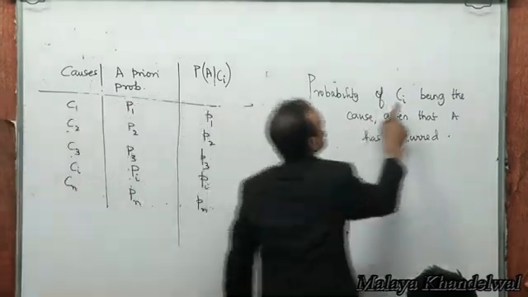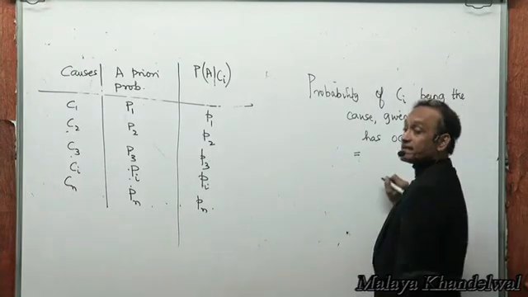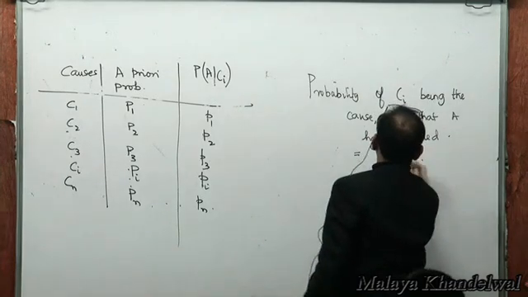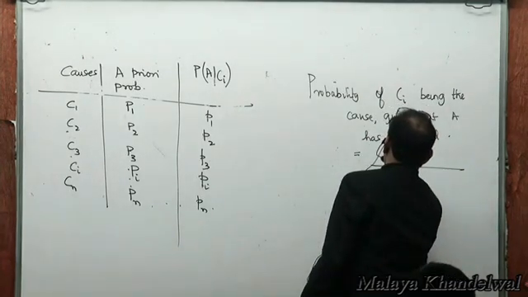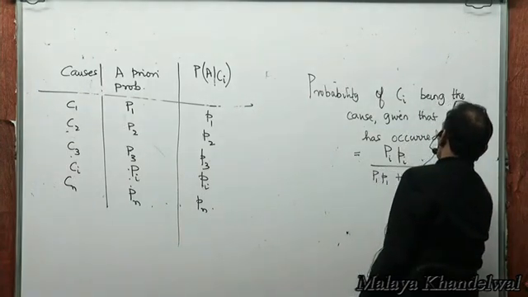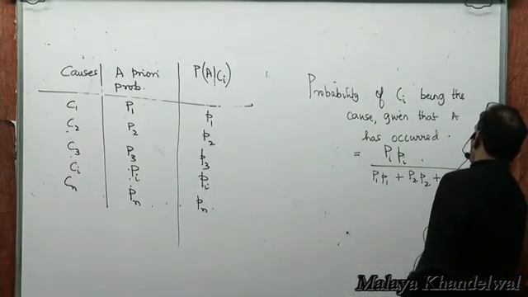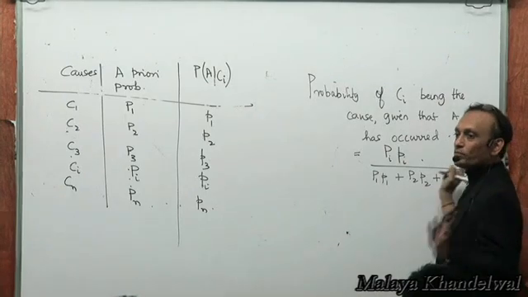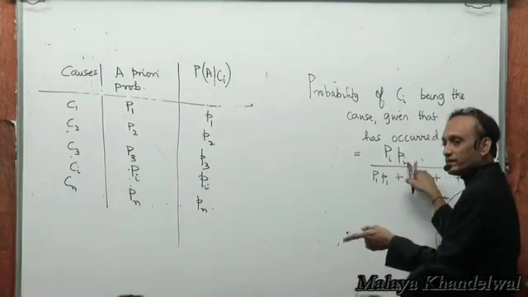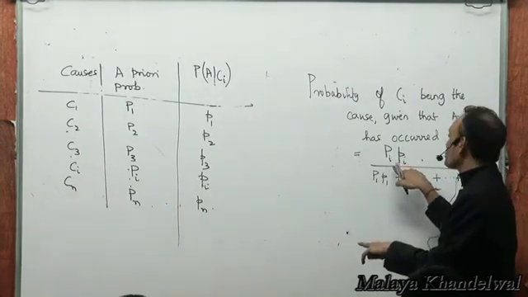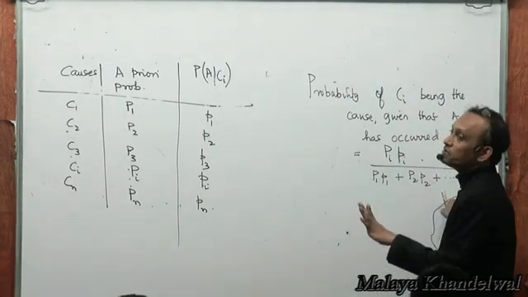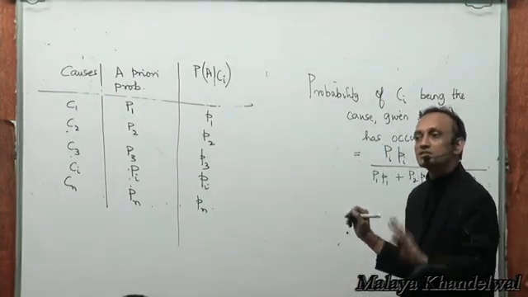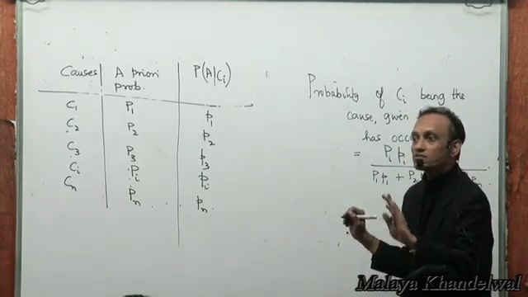Then the required probability of Ci being the cause given that A has occurred is going to be Pi times small pi, divided by P1 p1 plus P2 p2 up to Pn pn. This is the probability that Ci was the cause. Probability that C1 was the cause would become P1 p1 over the same denominator. Probability that C2 was the cause would become P2 p2, same denominator, and so on and so forth. This is the essence of inverse probability. Yes or no?